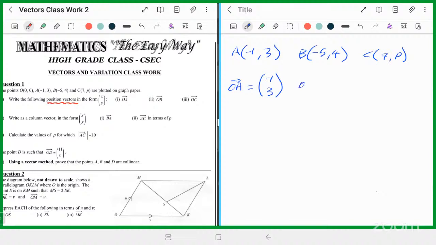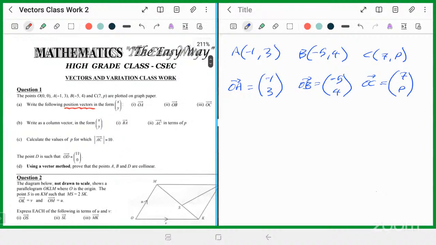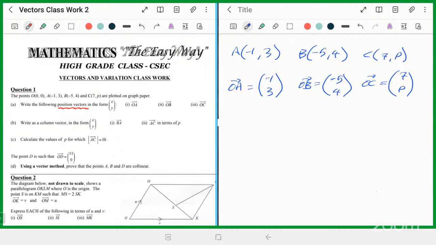And the OB will have the same values as the point B, -5, 4. And the position vector of C, OC, will have the same values as the point C, which is 7, P. And that answers part A, parts 1, 2, and 3. So this is part A.